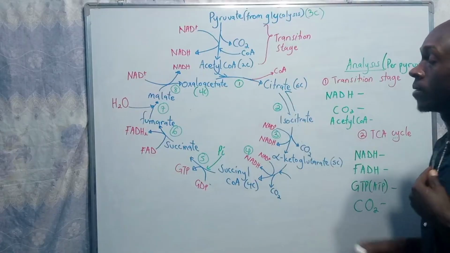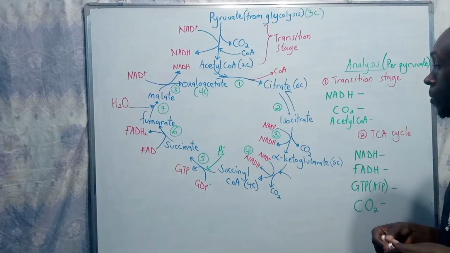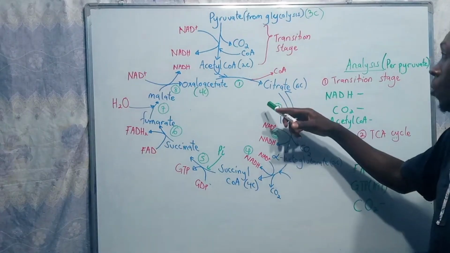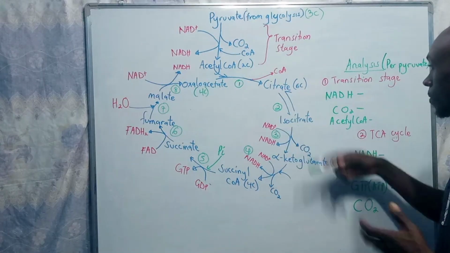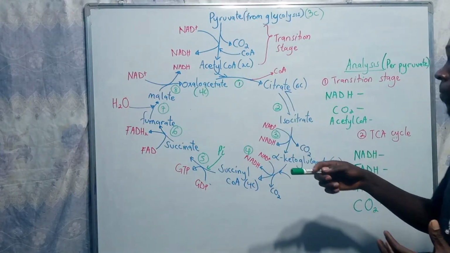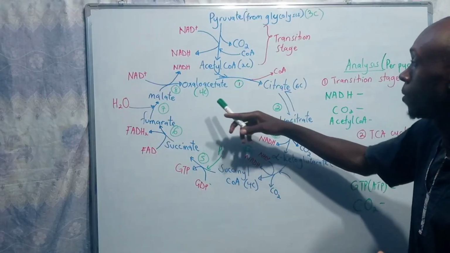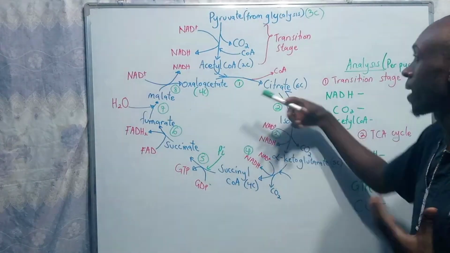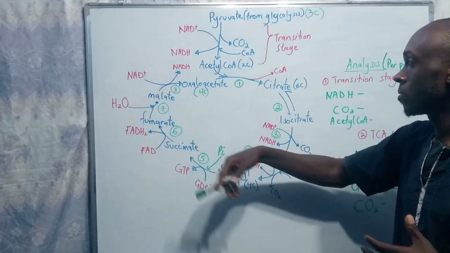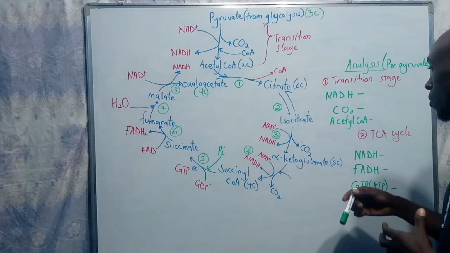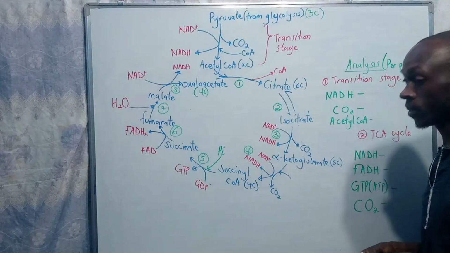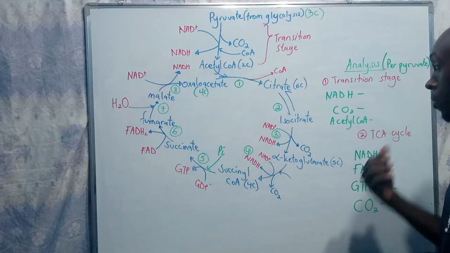That citrate, in some sources, they will call it citric acid. Of course, we have just used the anions of the acids. So when you find people using oxaloacetic acid, malic acid, fumaric acid, succinic acid, alpha-ketoglutaric acid, they are 100% correct, as earlier mentioned.